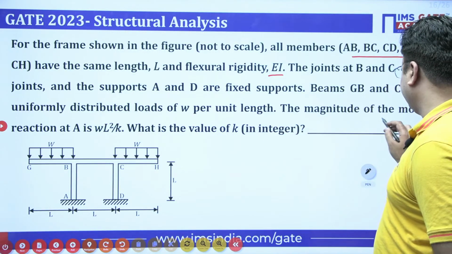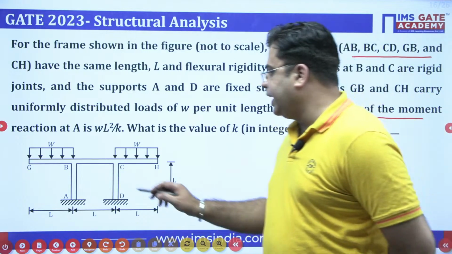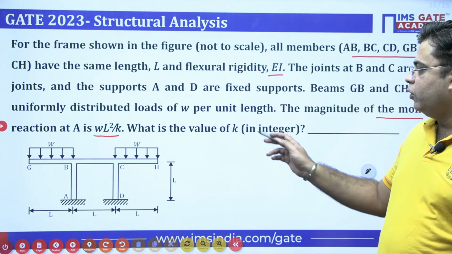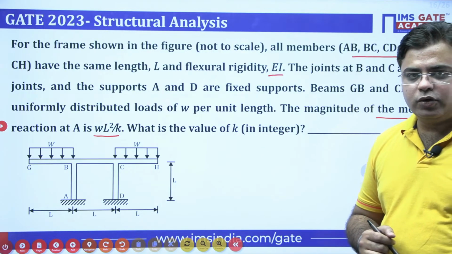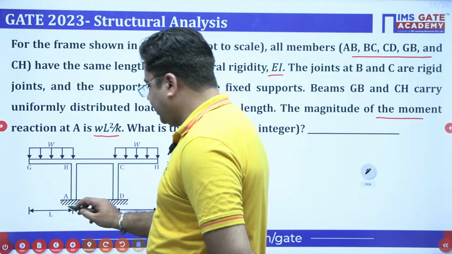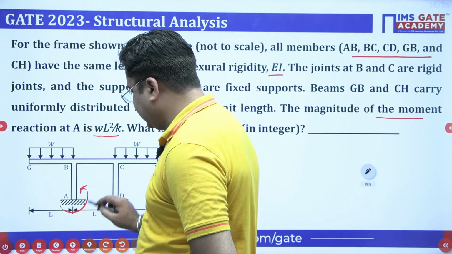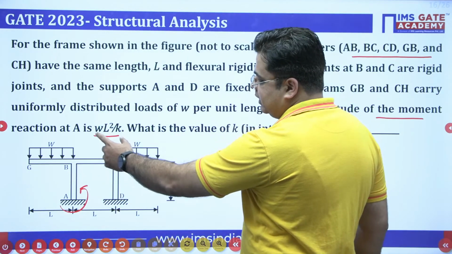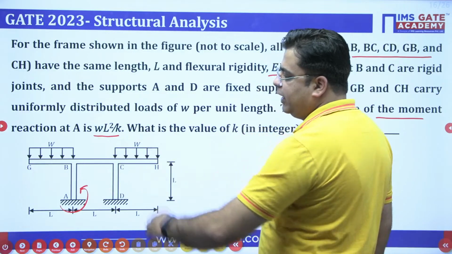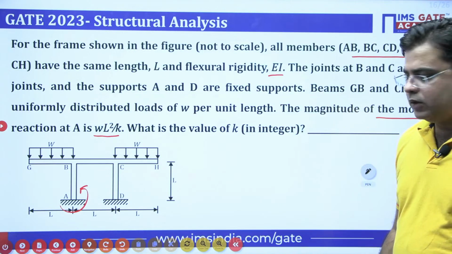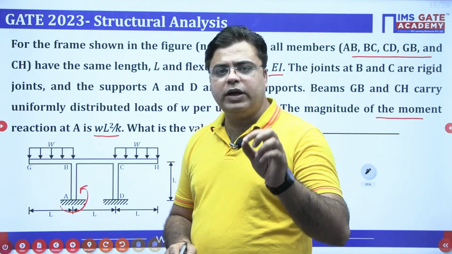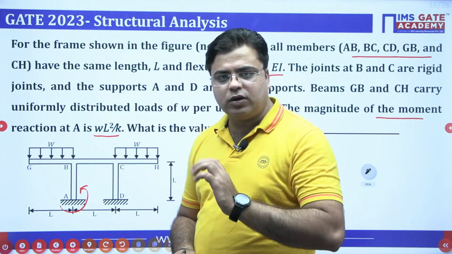The magnitude of the moment reaction at A is WL square by K. Then what is the value of K? So you need to identify the support reaction at A, and using it you have to compare this expression and find the value of K. It's a very easy question. There are only a few key points you should analyze for solving this.